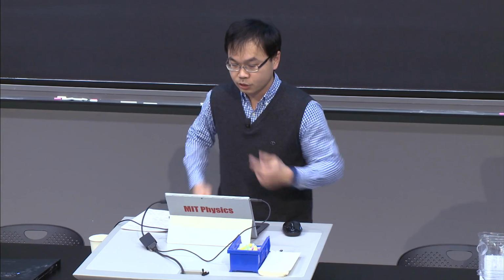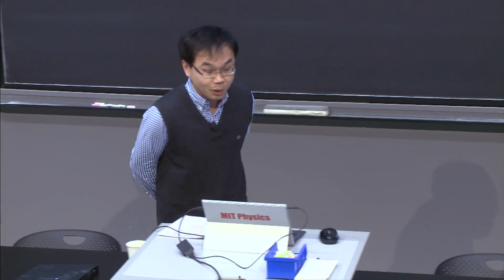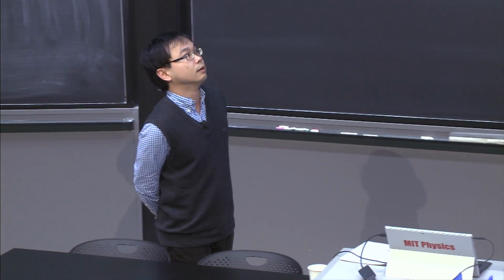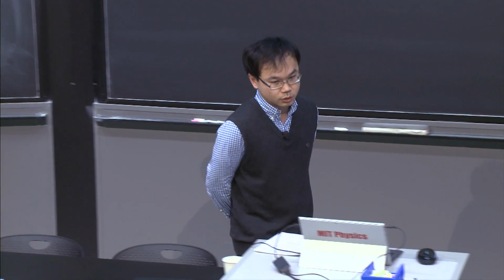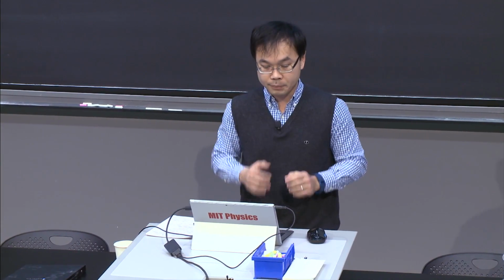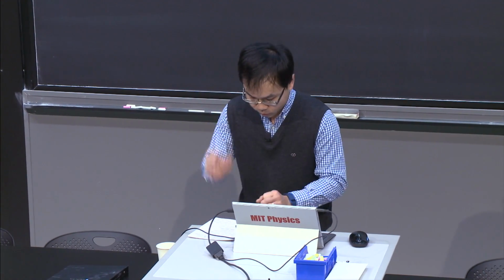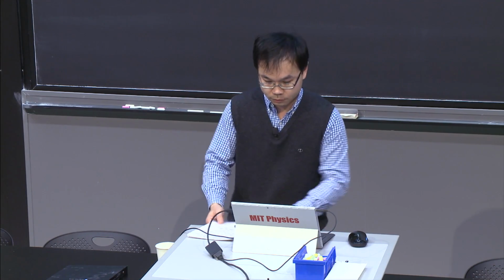Then we can solve the equation of motion, which is strictly speaking not my problem. It's a math department problem, okay? And that's their problem, anyway. Then we solve the equation of motion, and you will be given the formula. Then we use initial conditions and make predictions. And we would like to compare that to experimental results. And that is a general thing which we have been doing for physics.